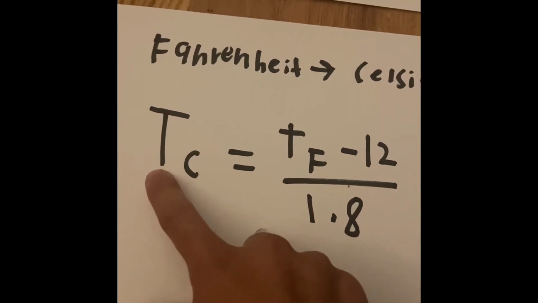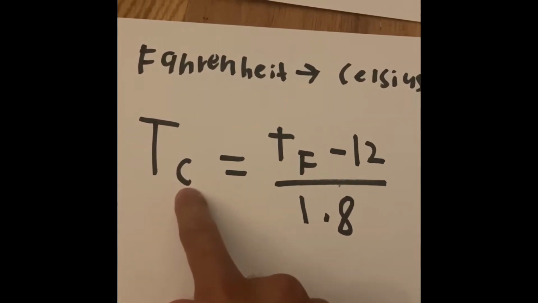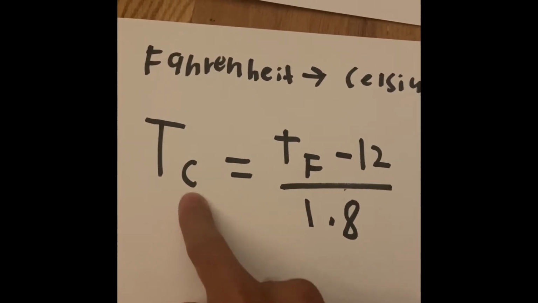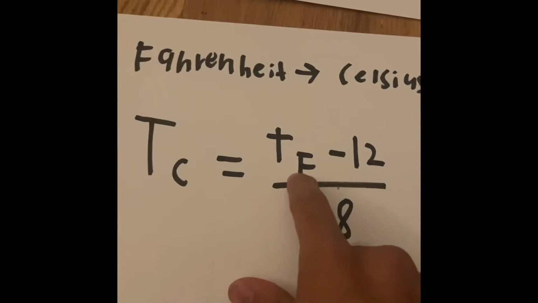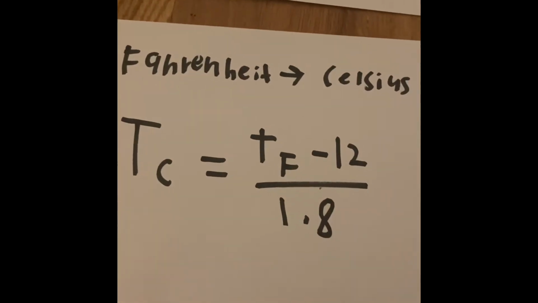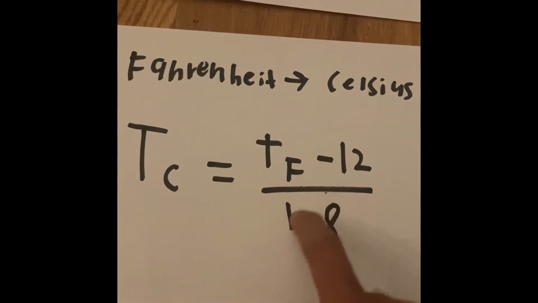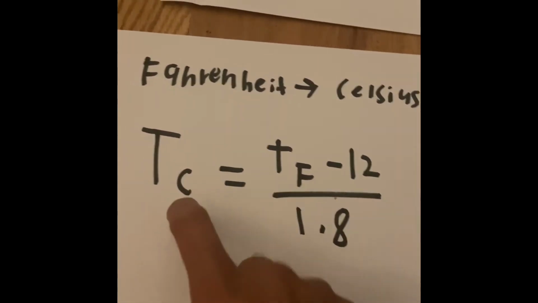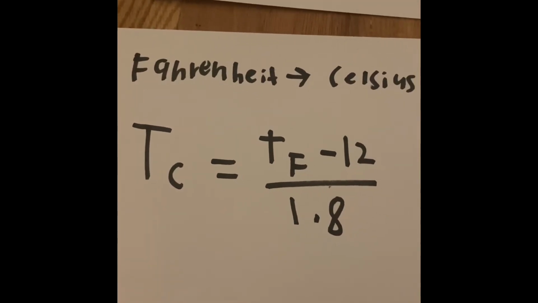T means temperature, and that little letter right next to it is the measurement. So big T little f is Fahrenheit, big T little c is Celsius. So measurement, subtract 32, divide by 1.8 is going to bring you to Celsius. So we're going to do that right here.